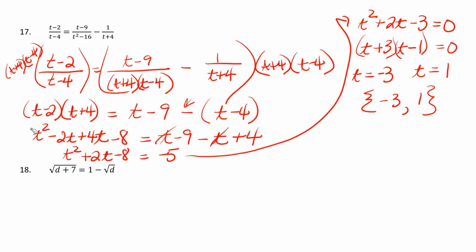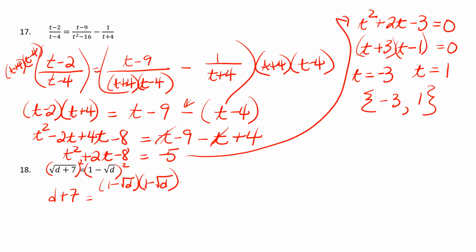First of all, you isolate one of the square roots. Well, guess what? One of them already is isolated. So you can just go ahead and square both sides. And the left side, when you square a square root, you just get whatever the argument is, the stuff in the square root. And then on the right side, you're going to need to multiply 1 minus the square root of d times 1 minus the square root of d. 1 minus the square root of d, quantity squared, is not 1 minus d.